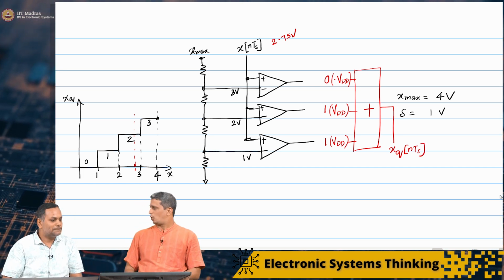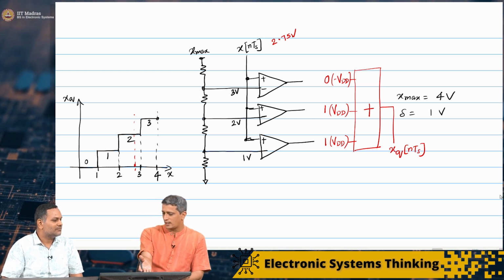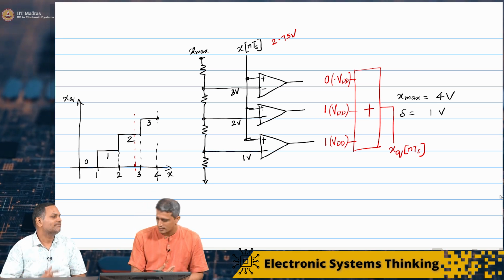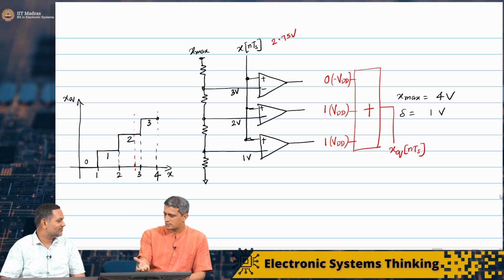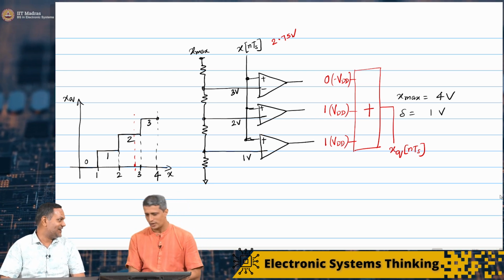You just mentioned earlier that we are basically comparing everything in one shot. So the name of such a quantizer is called a flash ADC, because it does it in a flash.